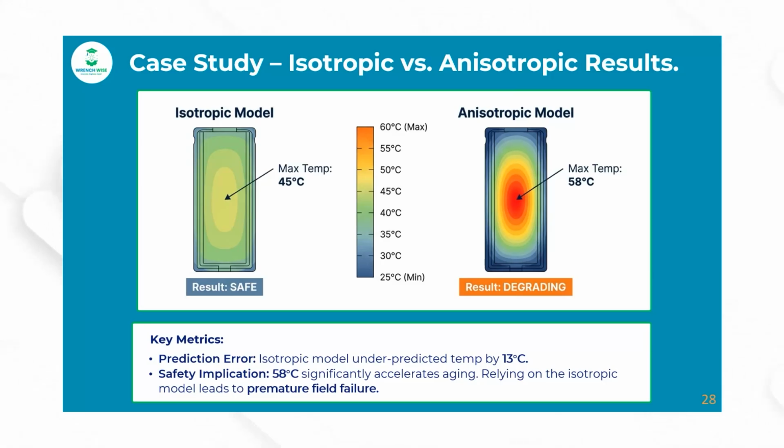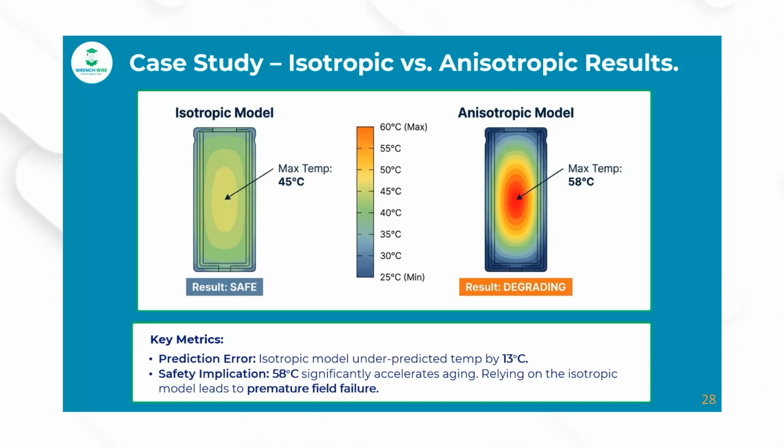So we see that the core is actually much hotter than the simple average is showing us right now. So there's a disparity of 13 degrees Celsius, a prediction error. 45 degrees is the standard operating temperature for this particular type of cell, but 58 degrees Celsius will significantly accelerate aging degradation through the battery chemistry itself.